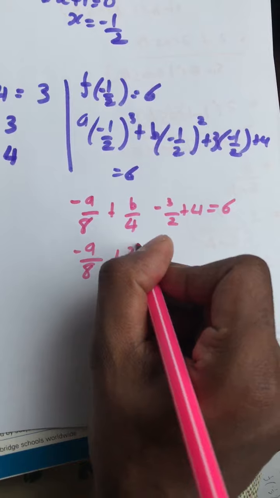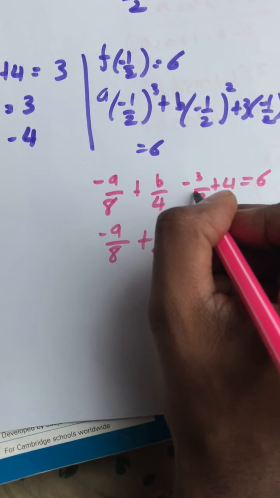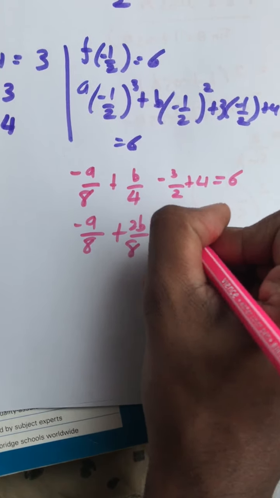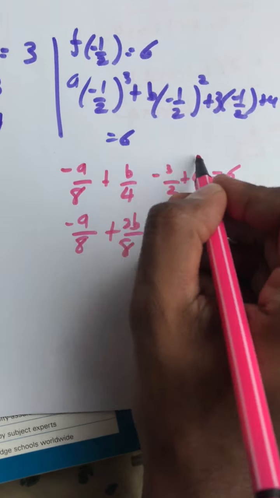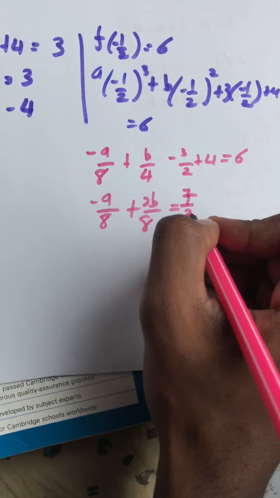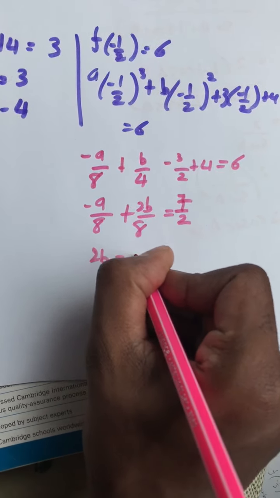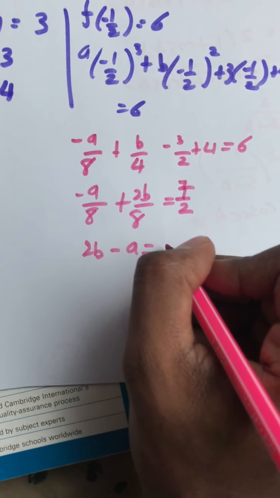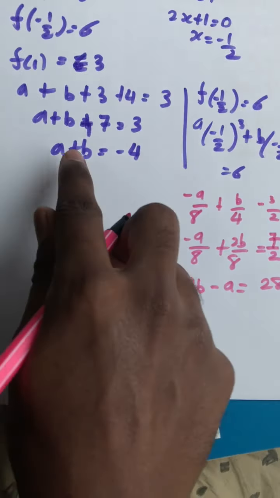Negative 3 over 2 plus 4, you shift there, you will get 7 over 2. Now the 8 I shift there, 8 and 2 you cut, and you will get 28. I'm going to go quickly because we want to finish this as fast as we can. So you've got two equations.